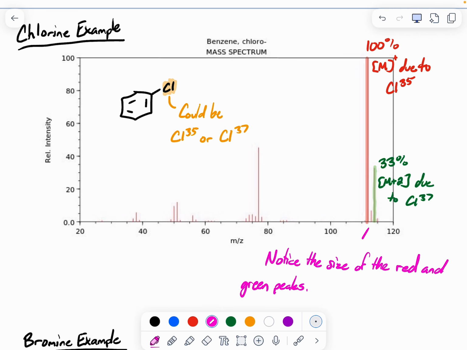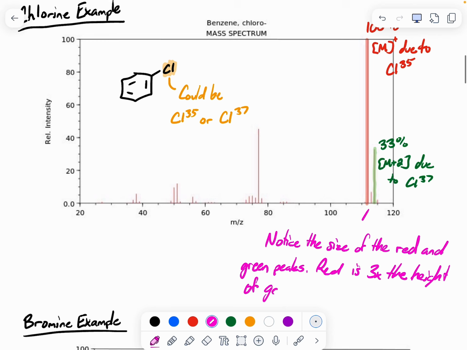So in this case, since red is 3 times the height of green, that indicates chlorine. Are there any questions about the idea of these M+2s?